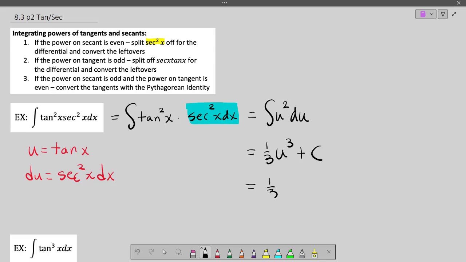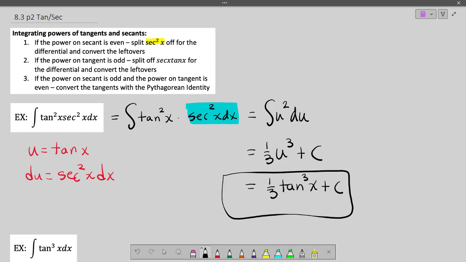We do our back substitution. And we've got that. Okay, so if secant is to an even power, we split off a secant squared and convert any leftover secants.